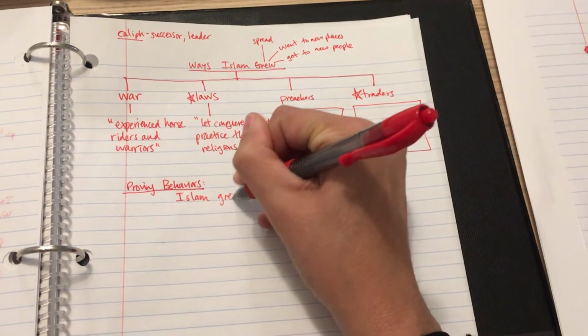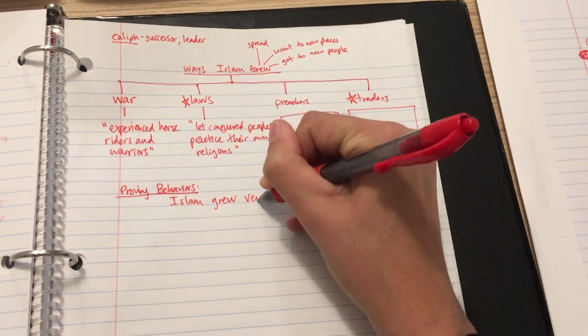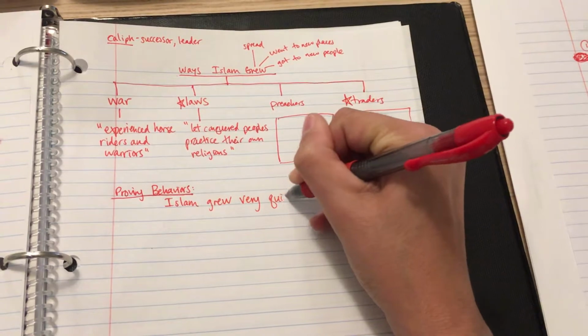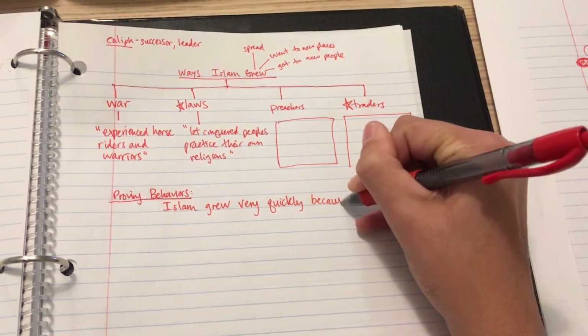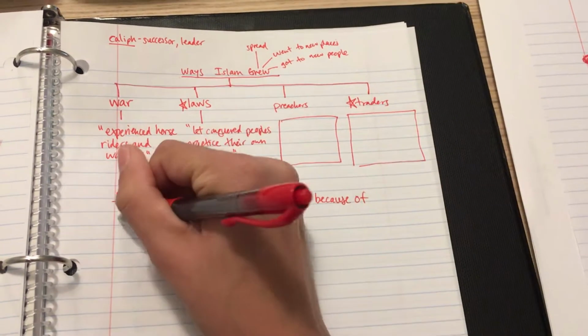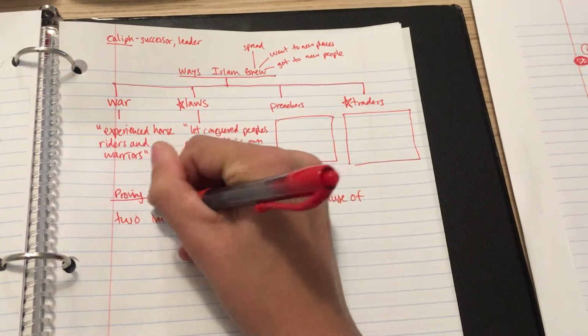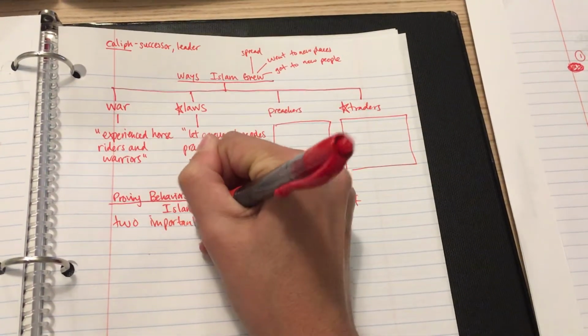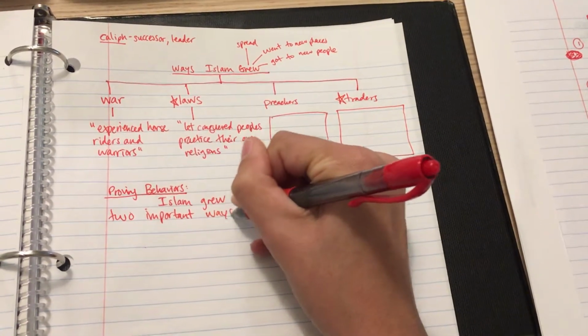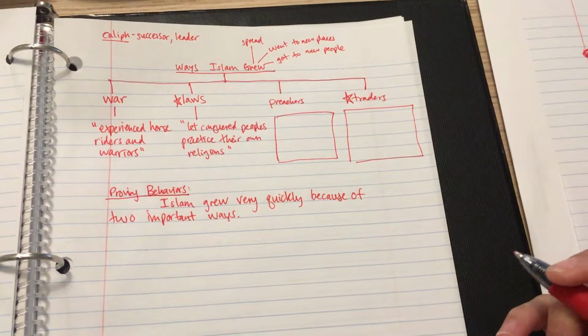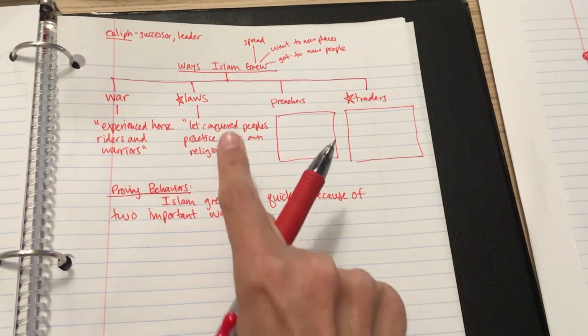Islam grew very quickly because of 2 important ways. Okay? And now I'm going to talk about my first one about the law.